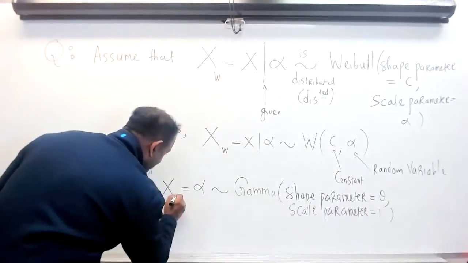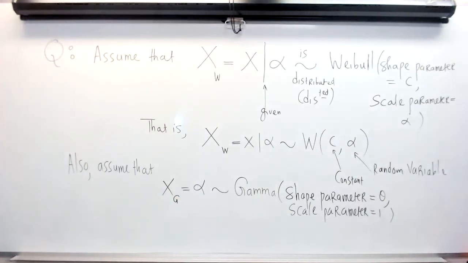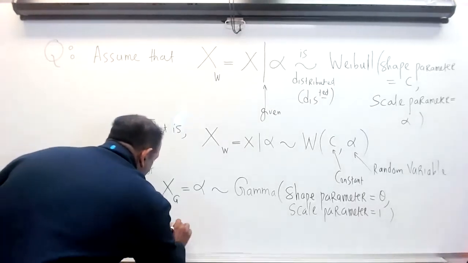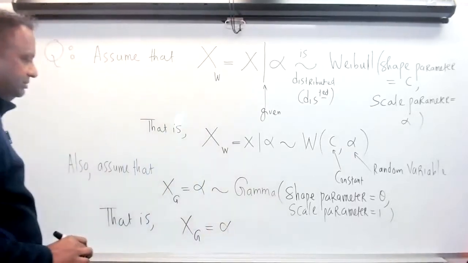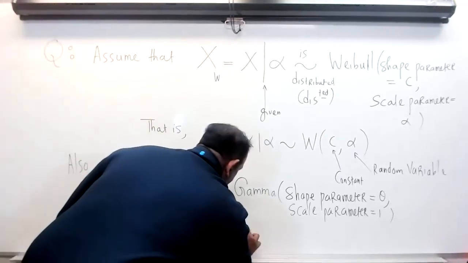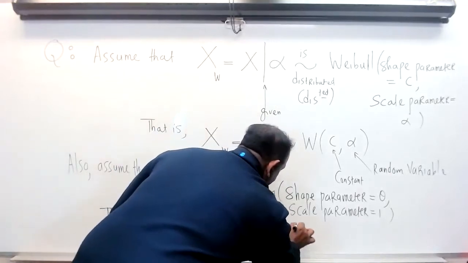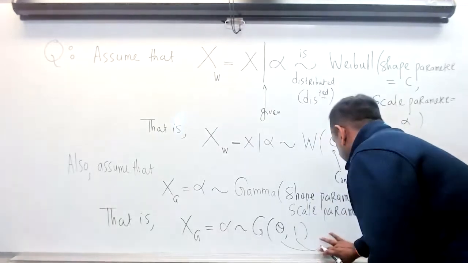Because of that reason I'm going to call this one XG, which is alpha, is gamma distributed with theta and 1. They both are constants.